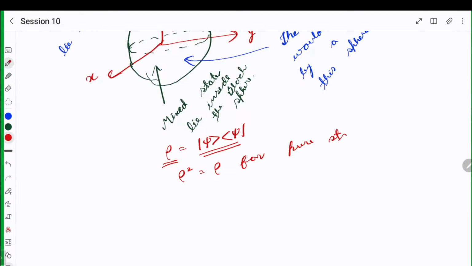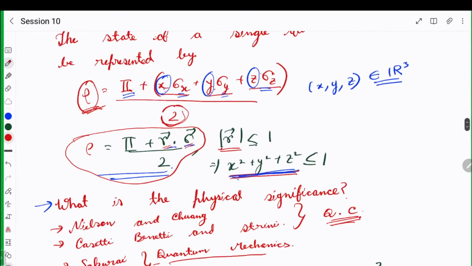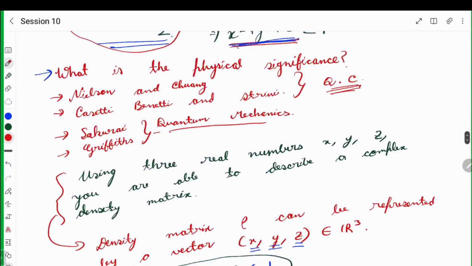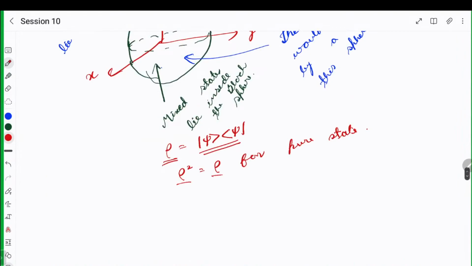And if you take rho to be of this form, (I plus r dot sigma) by 2, then you can prove from the fact that rho squared equals rho that mod r will be equal to 1. I'll leave you to do that.